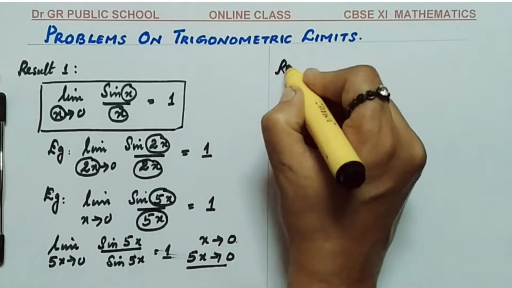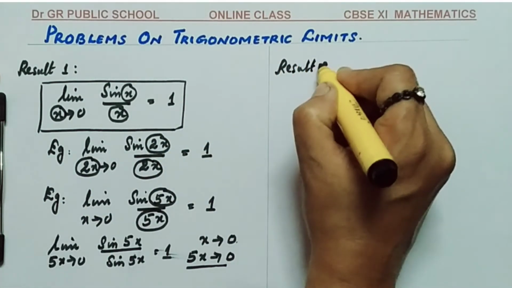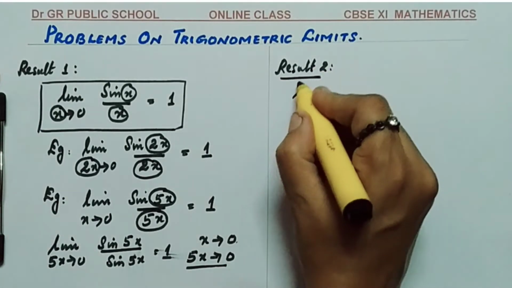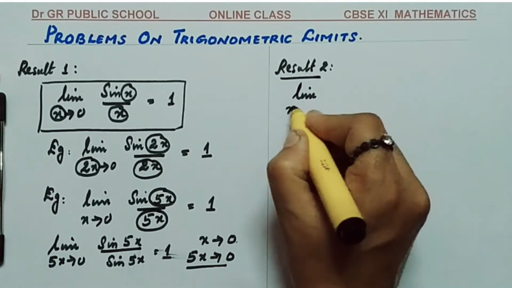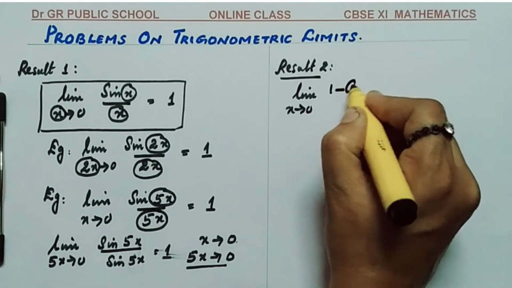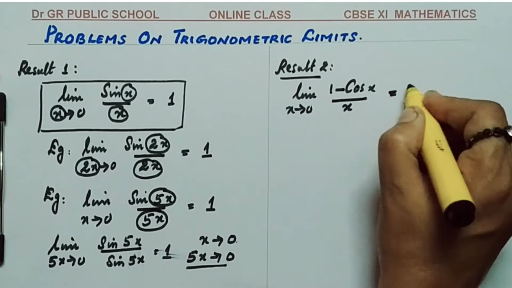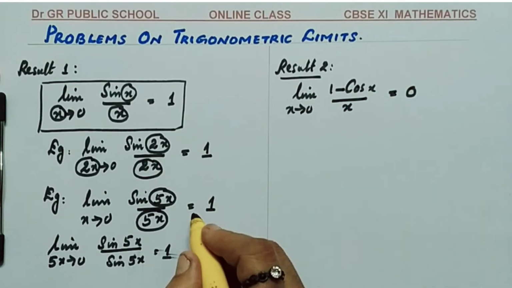Now let us study result 2. Result 2 is limit x tends to 0, 1 minus cos x divided by x, that should be equal to 0. This is the second limit.